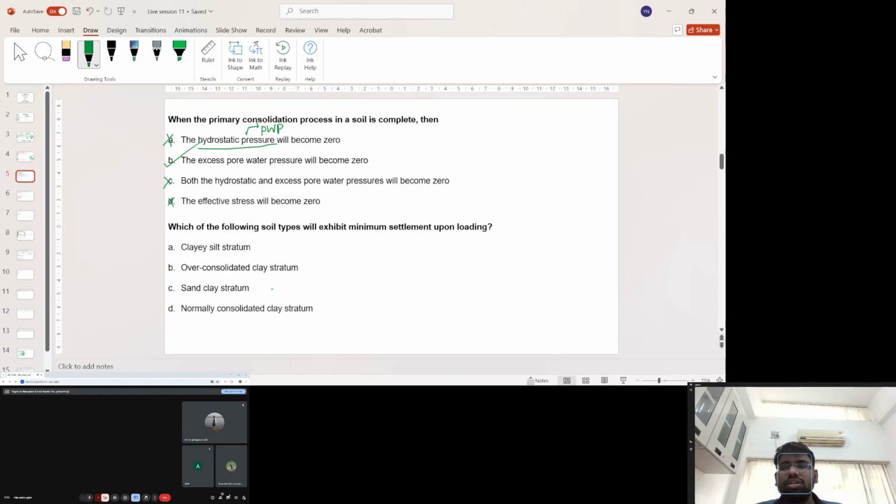And obviously, for the over consolidated clay stratum, unless the pressure crosses the pre-consolidation pressure, it undergoes very little settlement, and the soil will start to rebound. So in this case, the right option will be over consolidated clay stratum.